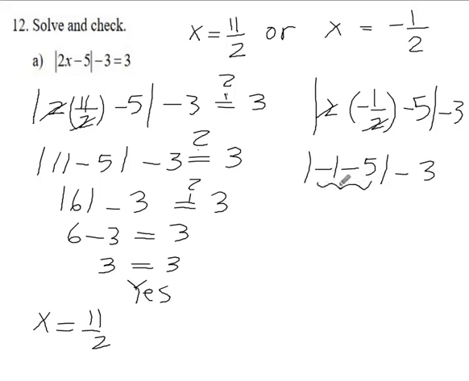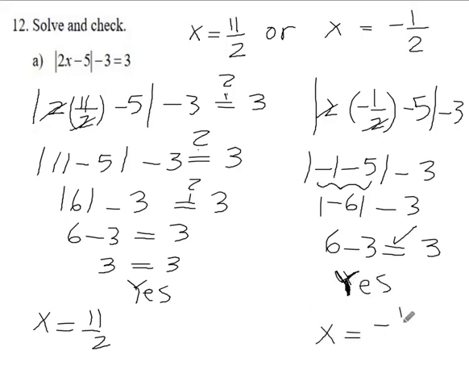Absolute value of minus 1 minus 5 would be minus 6. Absolute value of minus 6 would be equal to plus 6. 6 minus 3, yes, that also is equal to 3. Good. So the next answer also is correct. Yes, x is equal to minus 1/2 also is the solution.